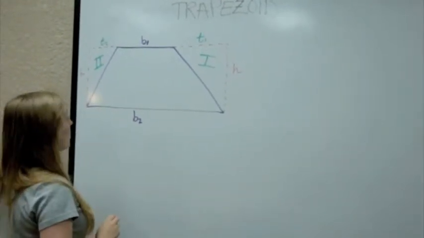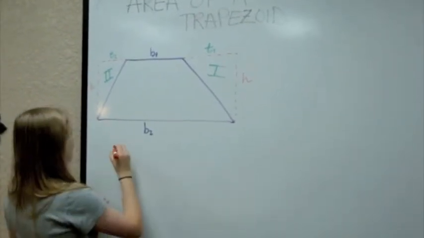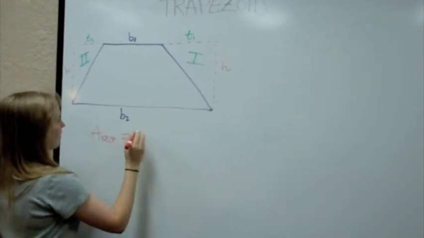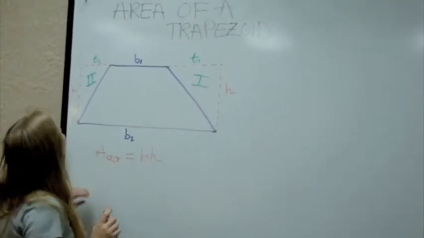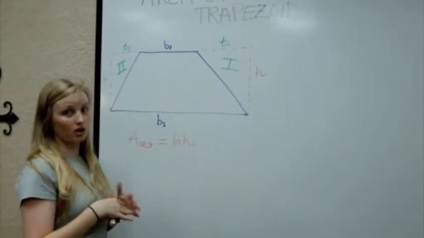Now, what we know about a rectangle is that its area equals base times height. Now, in a rectangle, we know that two opposite sides are congruent.